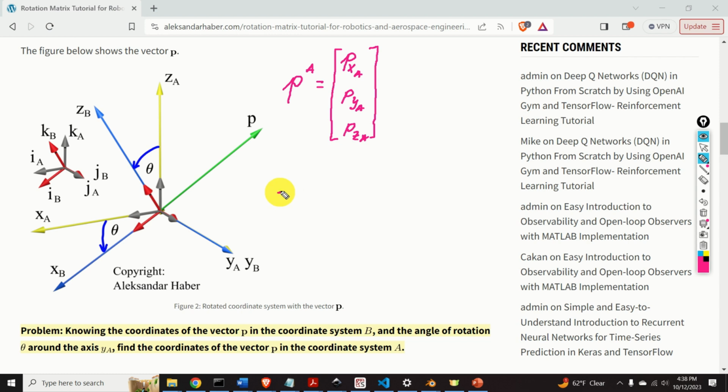Similarly, the vector P with the superscript B is the vector P expressed in the coordinate system B with the projections PXB, PYB, and PZB.